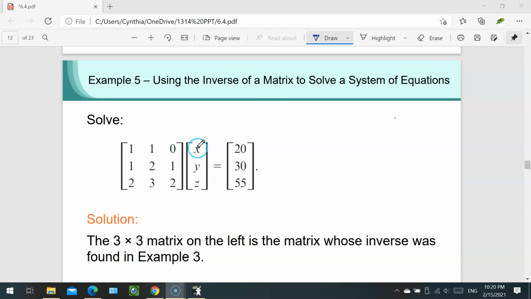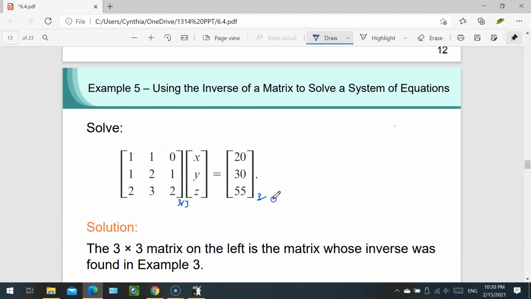Now you have to solve for x, y, z. On the same side of the x, y, z, it gives us a 3 by 3 matrix. On the right hand side of the equal sign, it gives us a 3 by 1 matrix.